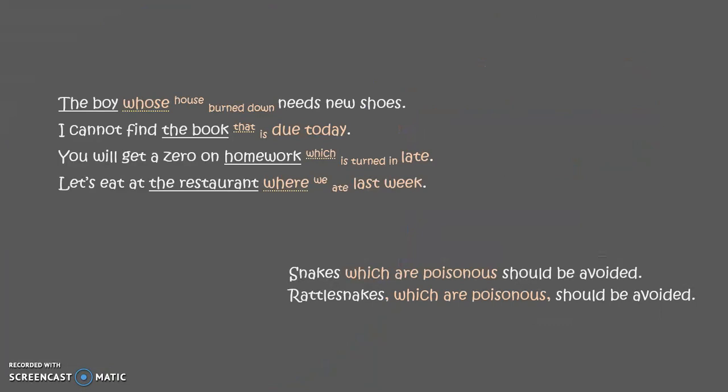A little boy comes home from school and he says, "Mom, the boy whose house burned down needs new shoes." Well, you can see how the boy is assuming that his mother already knows that there's a boy whose house burned down. And so he feels like she needs this information so she knows which boy it is that needs new shoes.